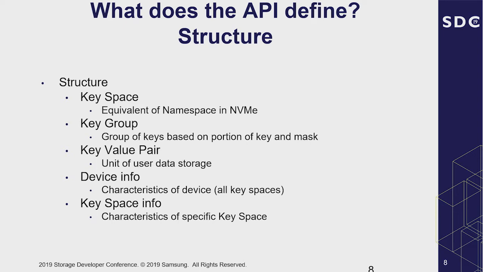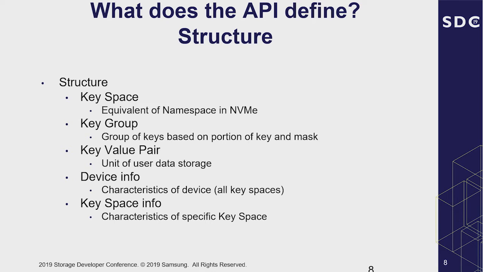So you could say all keys that have this group of bits set to some value would be a key group. That is a structure that allows you to identify a group of keys within a key space. The key value pair is the fundamental building block that we are talking about, which is a key associated with a value.